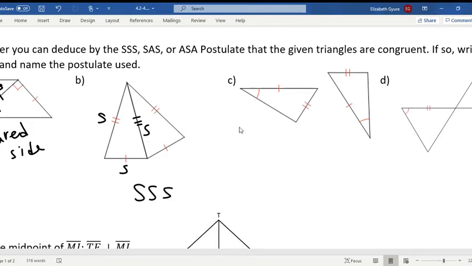Here, you have a set of congruent angles here and here. But if you take a look, don't you have another congruent set of sides here and here?